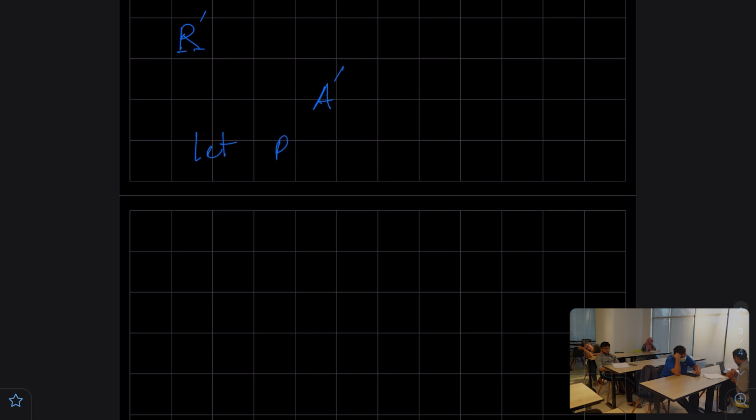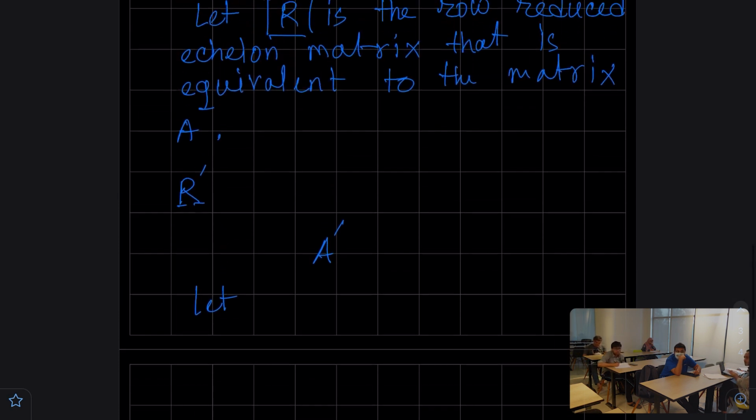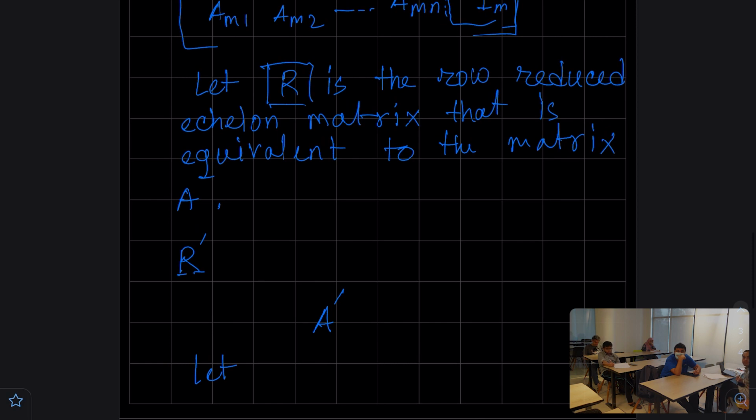The assumption is that R is a row reduced echelon matrix for A, not A prime.